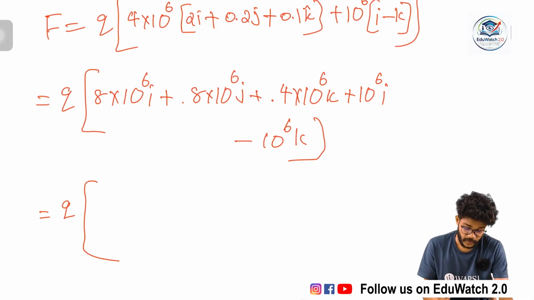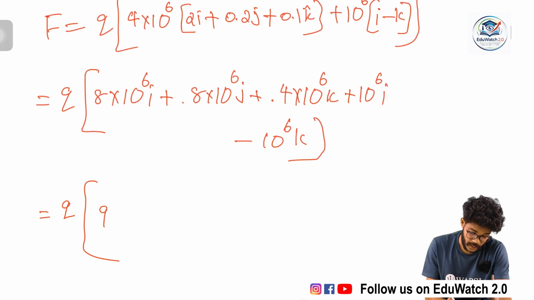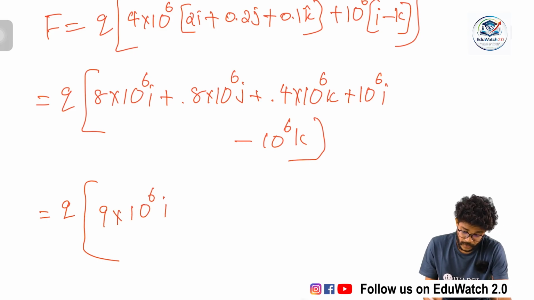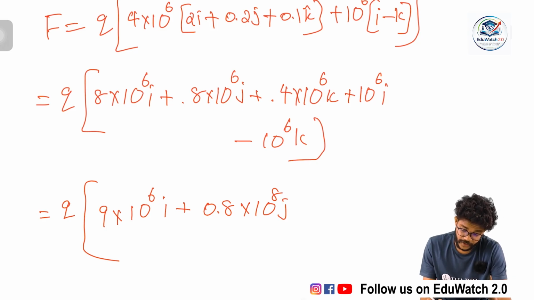Which are the i quantities? We have two i quantities, 8 into 10 raised to 6 i and 10 raised to 6, so 9 into 10 raised to 6 i. Which are the j quantities? Only one j quantity, 0.8 into 10 raised to 6 j. And k quantities is 0.4 minus 1, which is minus 0.6 into 10 raised to 6 k.